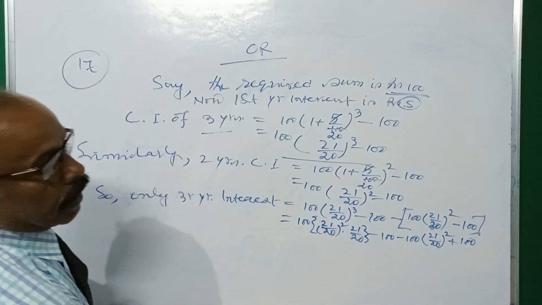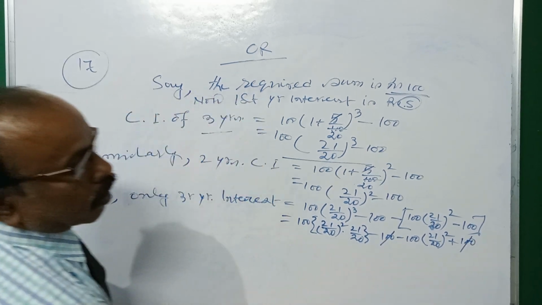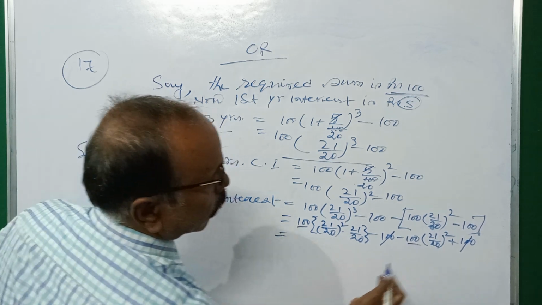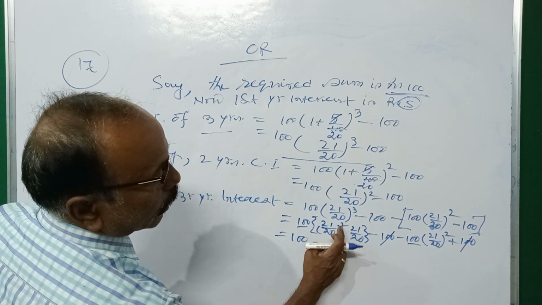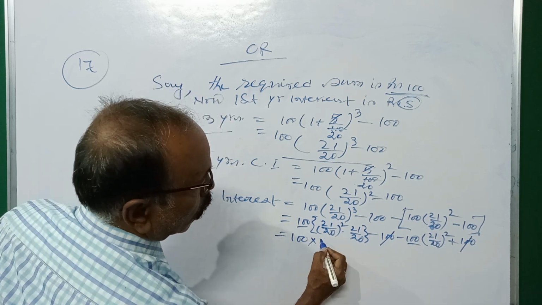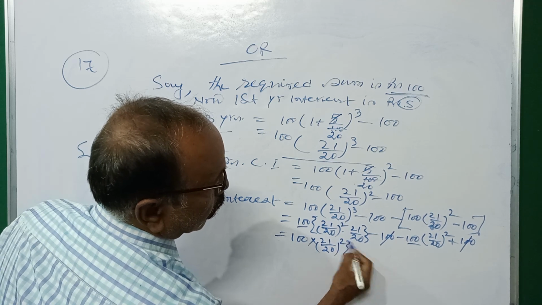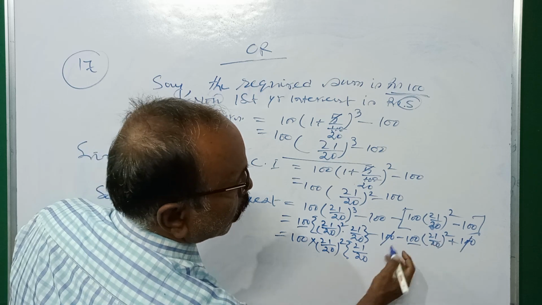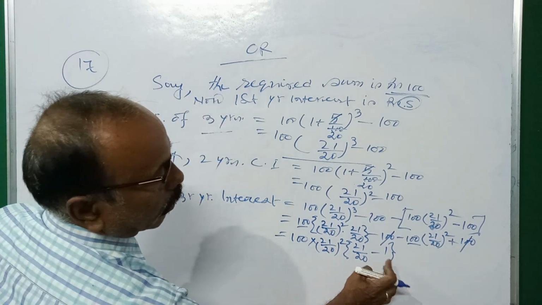My dear student, you see this minus 100 and plus 100 are crossed. Then 100 we take common, and (21 by 20) square we also take common. Next, 21 by 20 here is only minus 1. Am I clear?